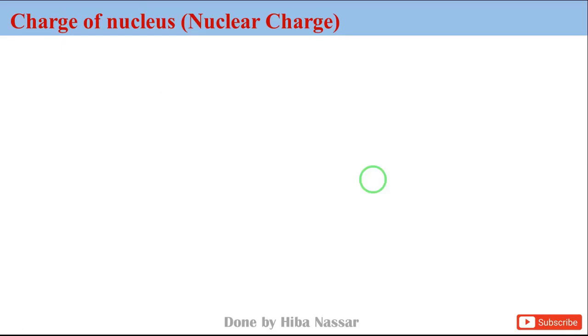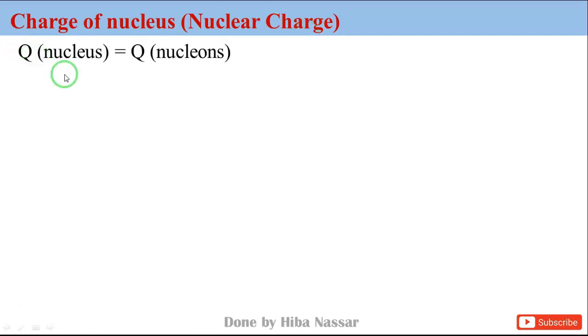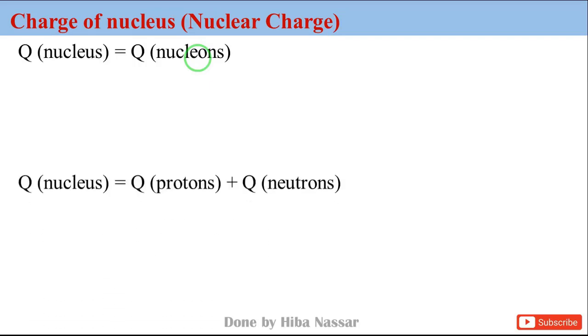So how to calculate the charge of the nucleus, or what do we call the nuclear charge? The total charge of the nucleus is equal to the total charge of its nucleons, which are the protons and the neutrons.